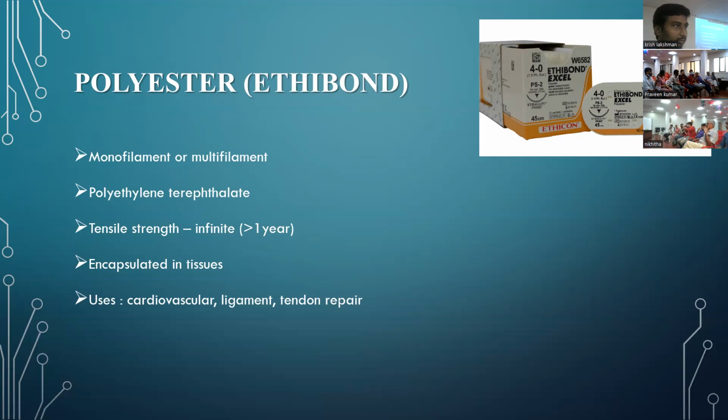For example, in fundoplication in GI surgery, because it's a very narrow area you're working in, or in urological surgery, in the pelvis when you're operating, Ethibond has a better advantage. You can use it, as you said, in fundoplication and also for retropexy.